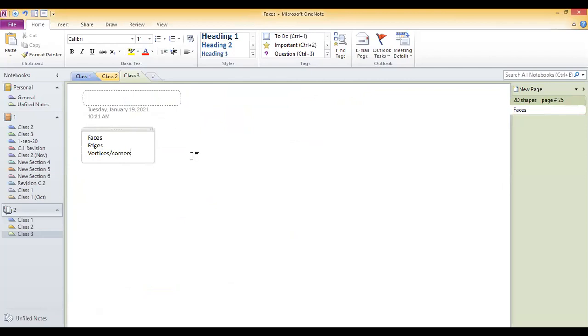So these three things you will learn: what are faces, what are edges, and what are vertices, corners? Vertices, corners you are familiar with, and about edges and faces, don't write it in the notebook until I say. When I say to write it in the notebook, then you will write.